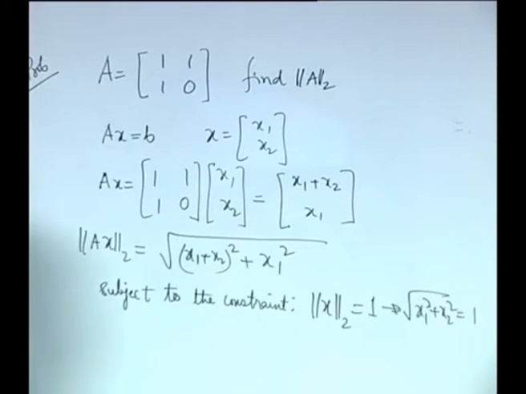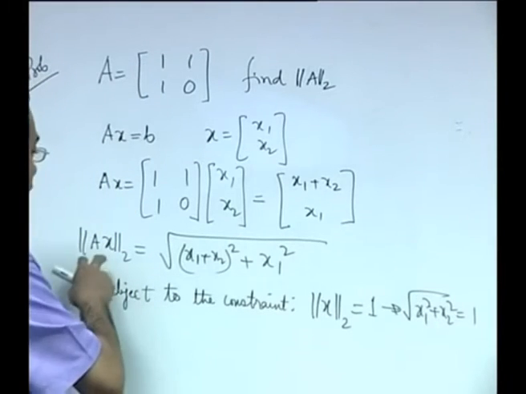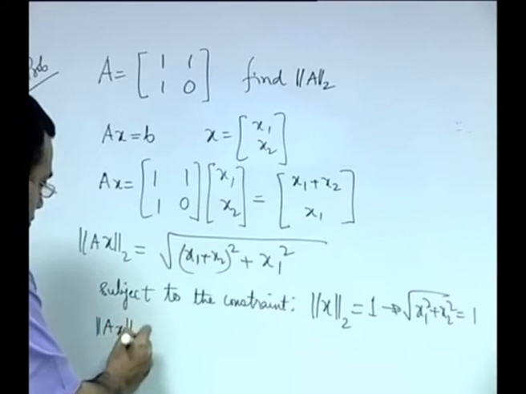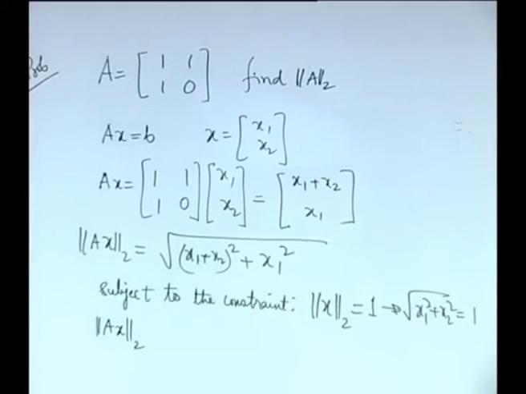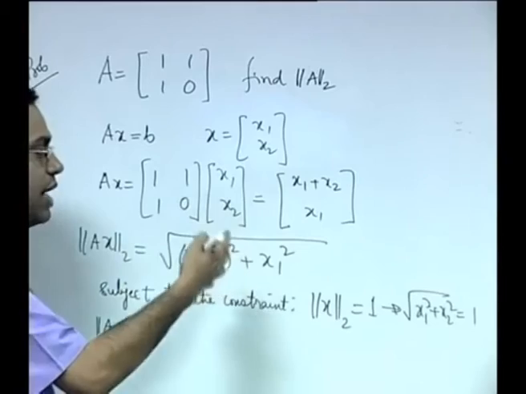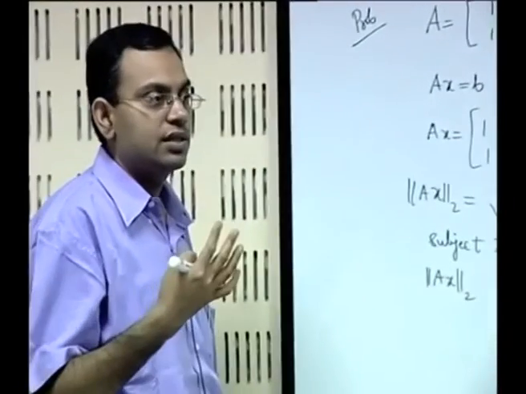Now, if you find this one, you can eliminate x2 and write it in terms of x1, or you can eliminate x1 and write it in terms of x2, but you will see that it is not unambiguous.